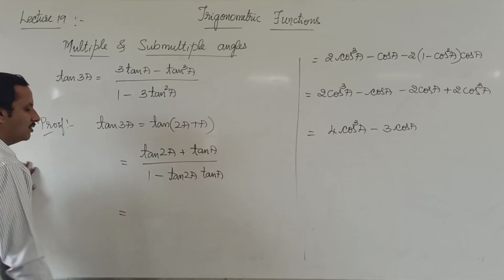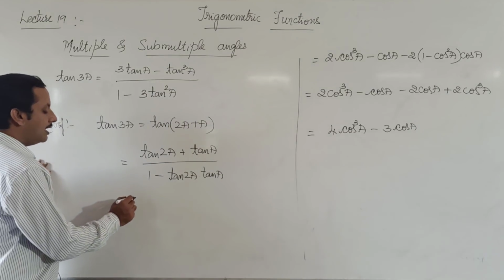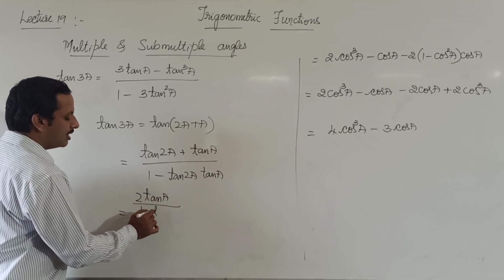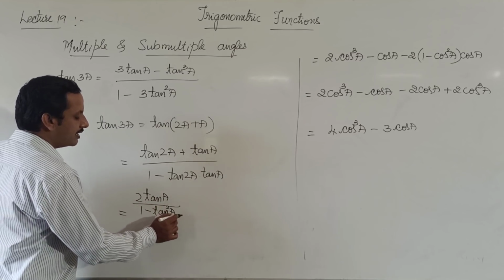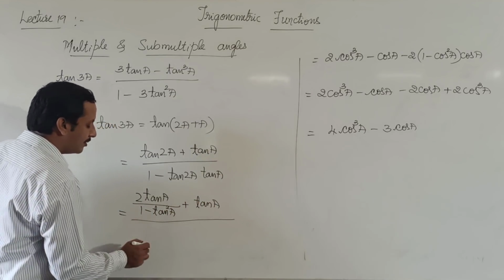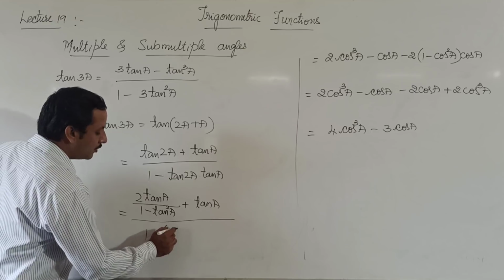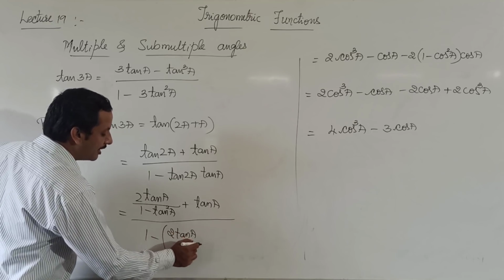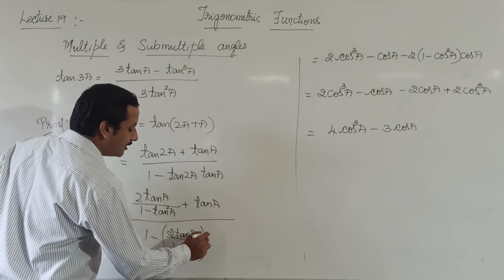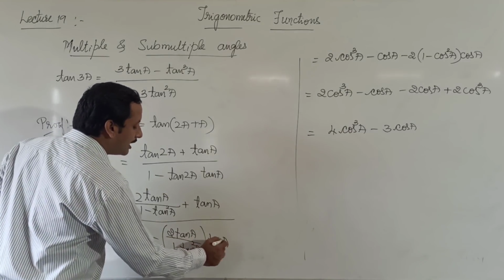What is tan 2a? Tan 2a is equal to 2 tan a divided by 1 minus tan square a. So we get 2 tan A divided by 1 minus tan square A, plus tan A, divided by 1 minus 2 tan A divided by 1 minus tan square A into tan A.